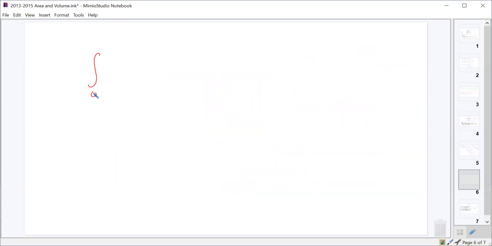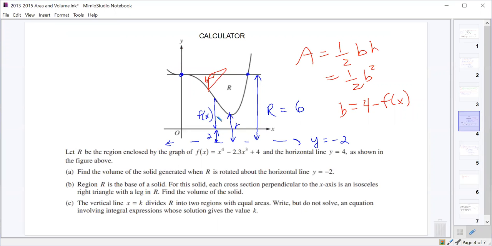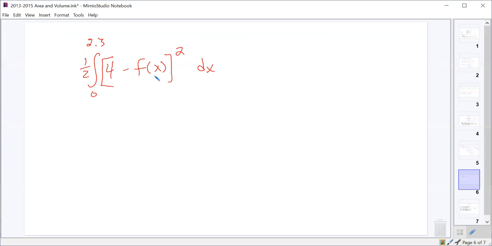So we should have an integral from 0 to, what was it, 2.3 of, put your 1/2 inside or outside, whichever you prefer, and 4 minus your function squared. And when you're writing it out, you don't even have to write out the function. If they've defined this function as f of x, you're welcome to just write 4 minus f of x squared dx. And that'd be perfectly acceptable.